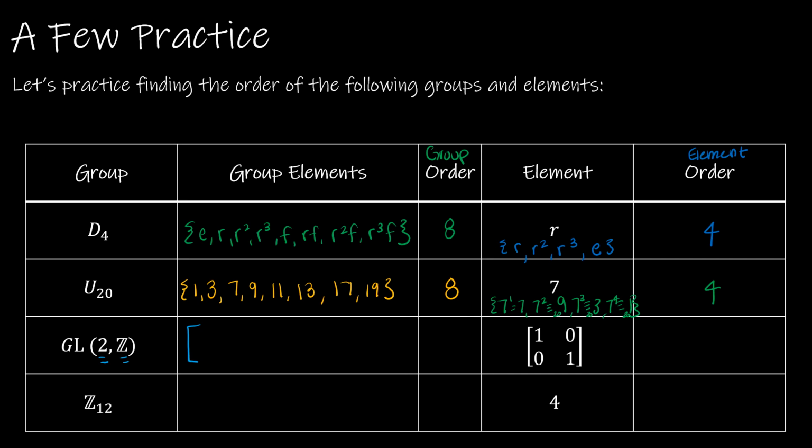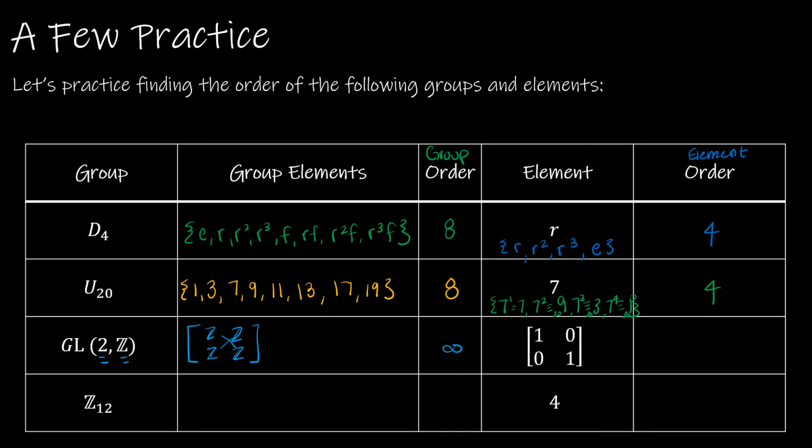Because we're going to have some integer here, oops, no commas, some integer here, some integer here, and some integer here. And we just know the only restriction is that the determinant cannot be 0. So how many different options do I have? Well, I have an infinite number of options.